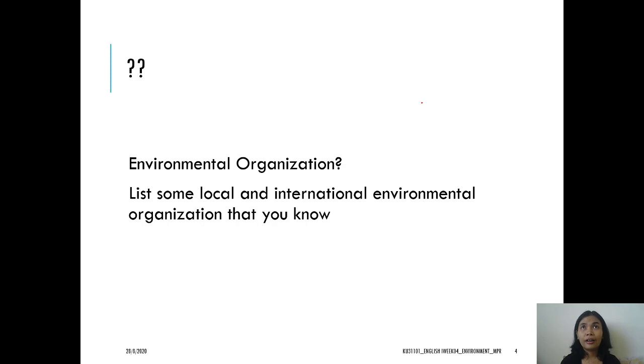There are, I guess, plenty of local and international environmental organizations, since they are all working together to save the earth, to save the environment. So grab your pen and your notes, and put the list in your notebook. We will discuss this later on in our practicum session.